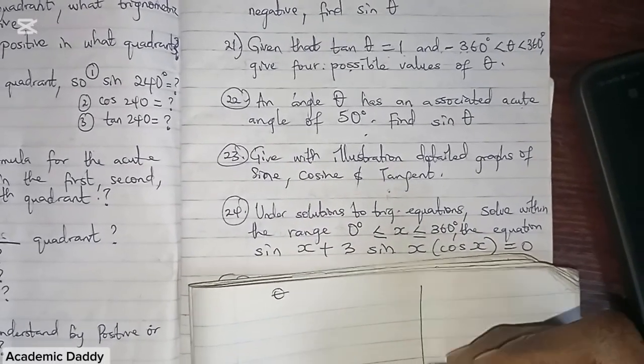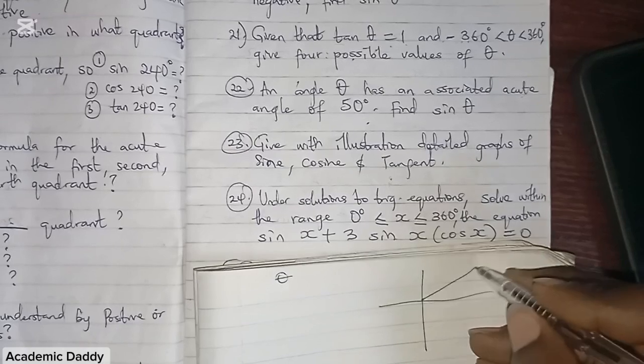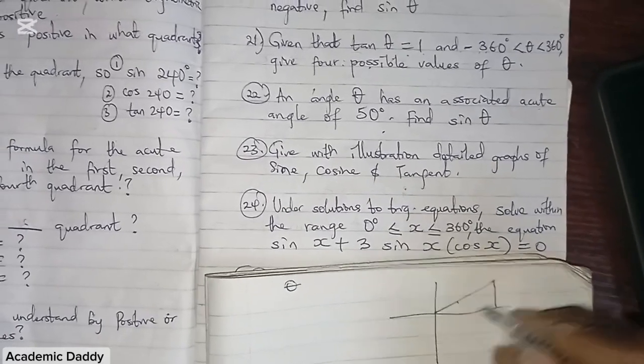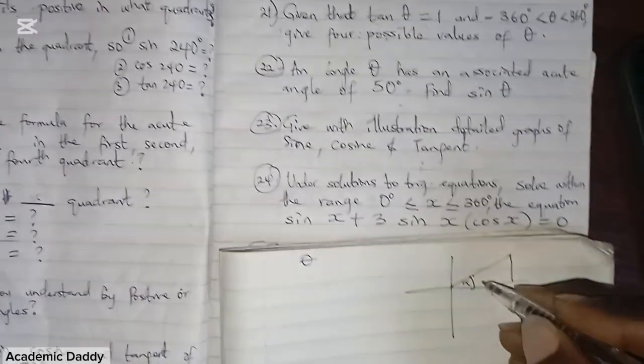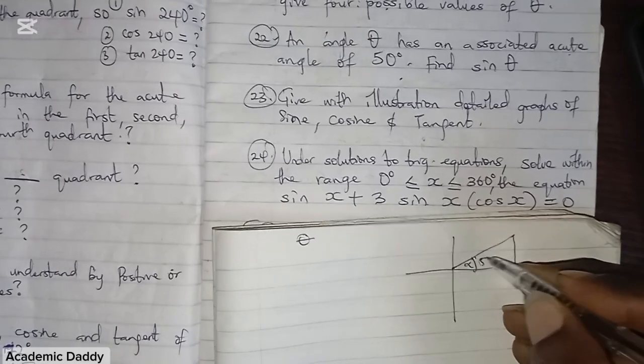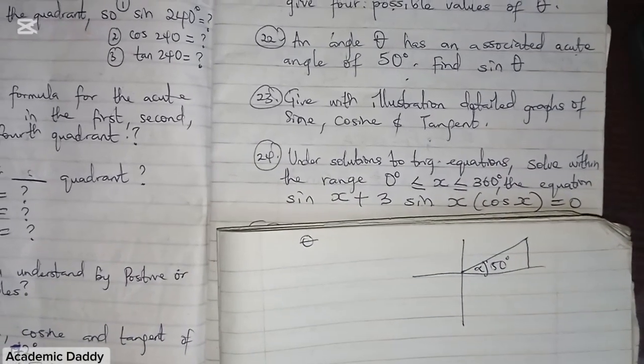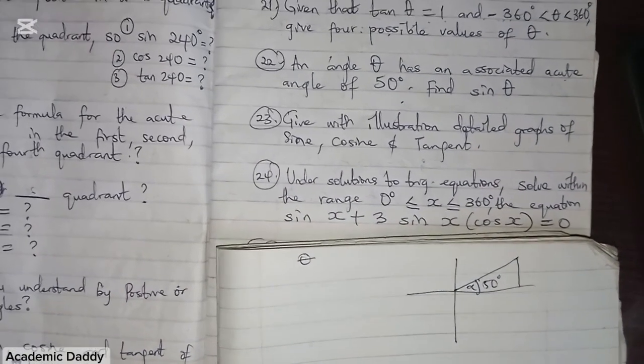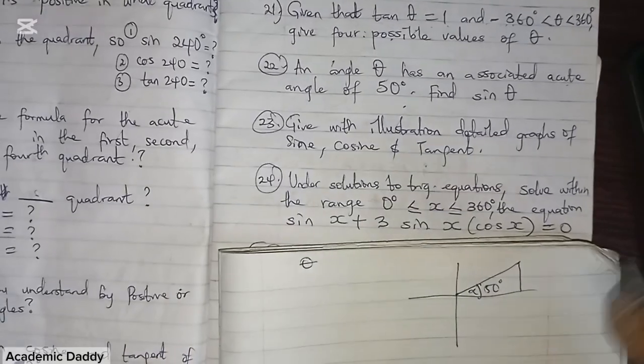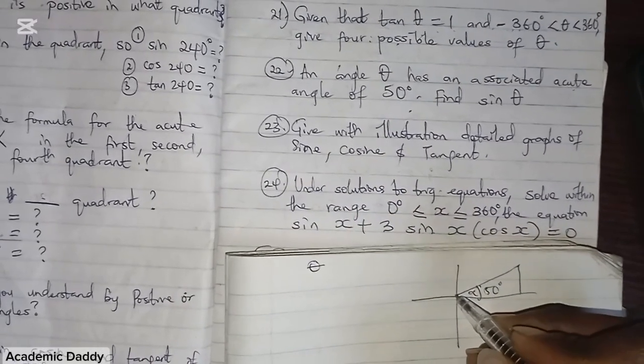Find sine theta. So let's say this is the acute angle. This acute angle, you see, has 50 degrees. So in the first quadrant, you don't have to subtract anything.